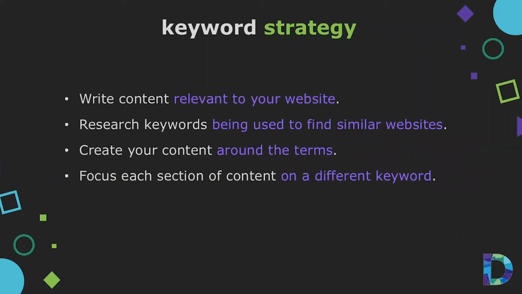Think about the terms that you suspect your potential customers might be searching for, and then do some research into the keywords that are being used most often to find similar websites. Then create content around the terms that you know your customers are looking for. A leading practice is to focus each section of your content on a different keyword, and try not to overuse the word because, believe it or not, you may end up competing with your own content for search rankings.